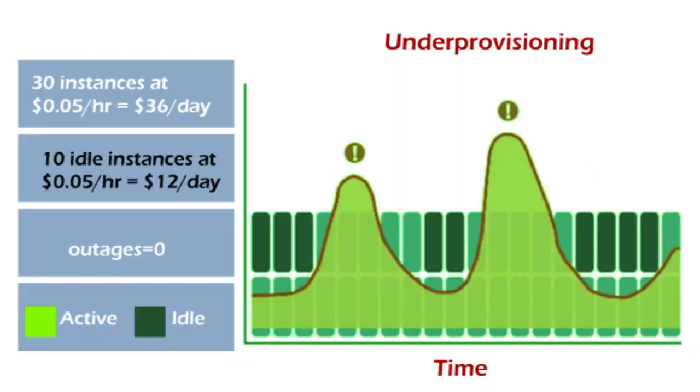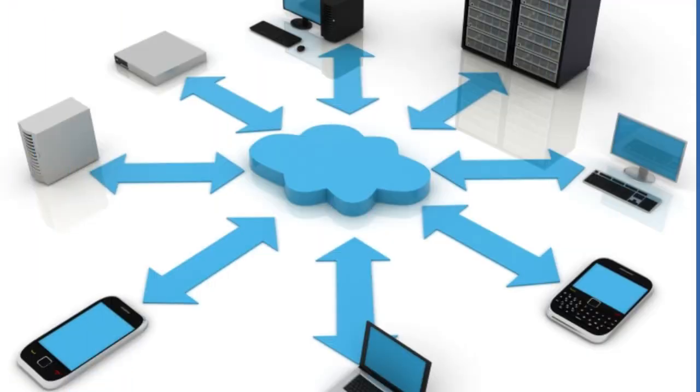Then rapid elasticity means cloud computing resources can be rapidly and elastically scaled up or down to accommodate varying workloads. This scalability ensures that users have access to the required resources when demand fluctuates. Then measured service means cloud computing resources are metered and usage is monitored, controlled and reported transparently.